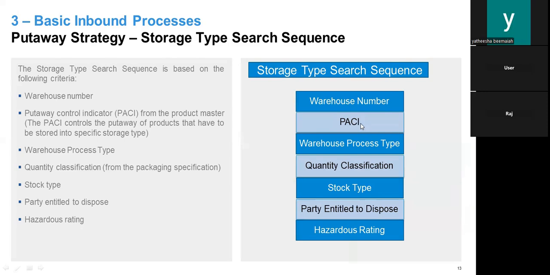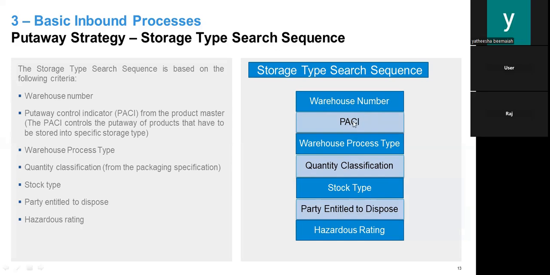So this is assigned to the product master, and this is the warehouse process type and quantity classification. This is not a mandatory one, and this is also not mandatory one. So this is majorly based on the warehouse number, put-away control indicator, and warehouse process type. So based on these criteria, system will first determine the storage type.